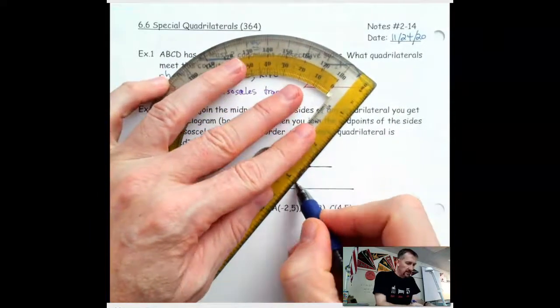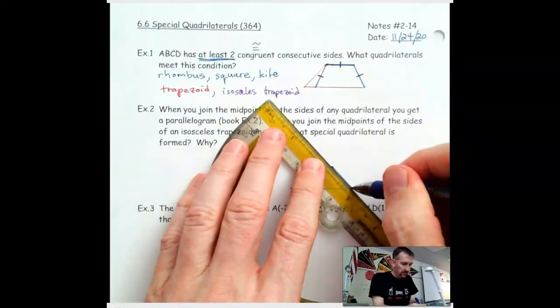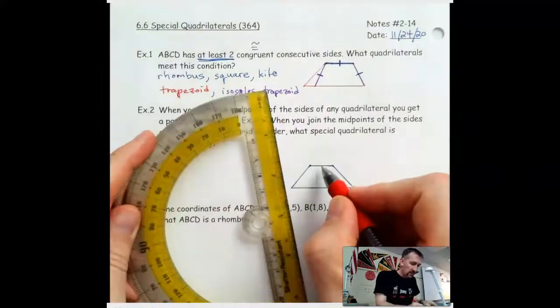Maybe I should have made that bigger, but I'll see how it goes. All right, so it says join the midpoints of this in order.